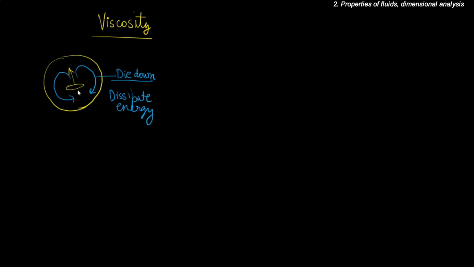The flow that is set up because of the motion of the spoon eventually dies down because the energy gets dissipated by viscosity. Similarly, if we have a hand fan, the motion of the hand fan gives rise to the motion of neighboring particles and it gives rise to the flow.